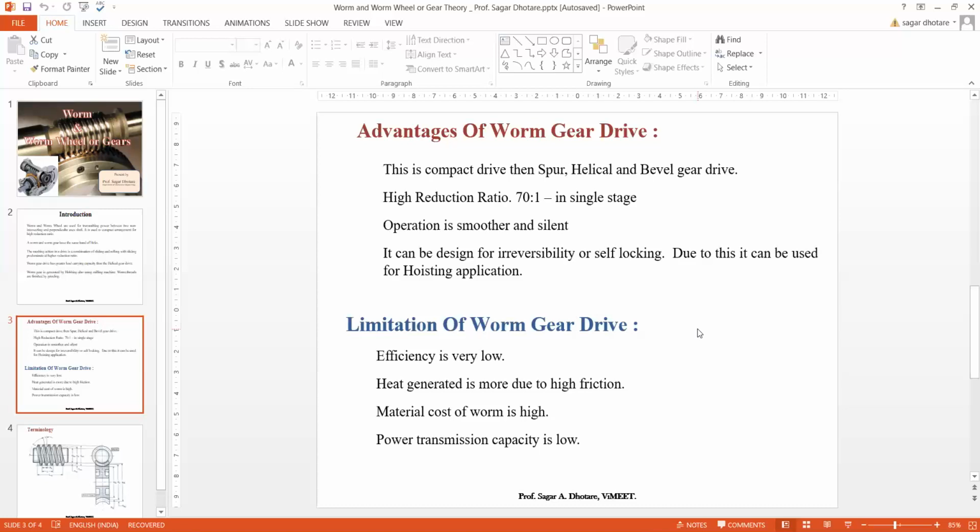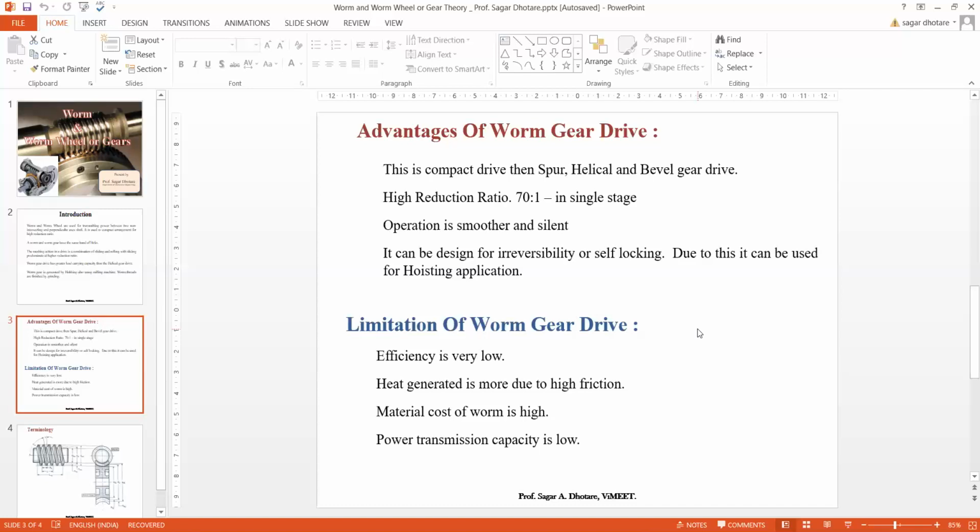That's why two different materials are normally used. The material normally used for the worm is steel, and for the worm wheel is brass. The initial cost of brass is very high, that's why the initial cost of the total drive is very high as compared to the others.